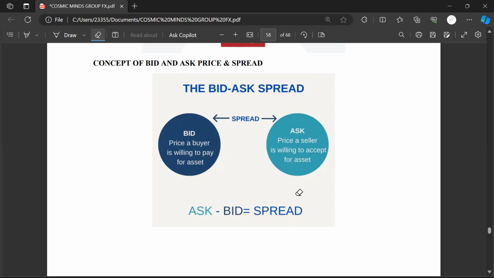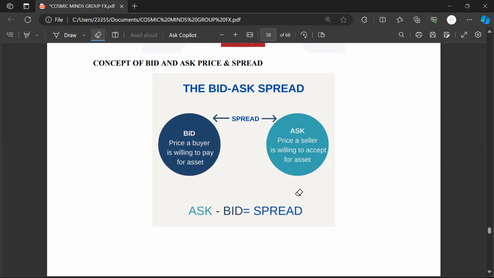I told you in the forex market, we buy and sell, we buy and sell. So the difference between the buying and the selling price is what we call the spread, or better, maybe the exchange rate, right?